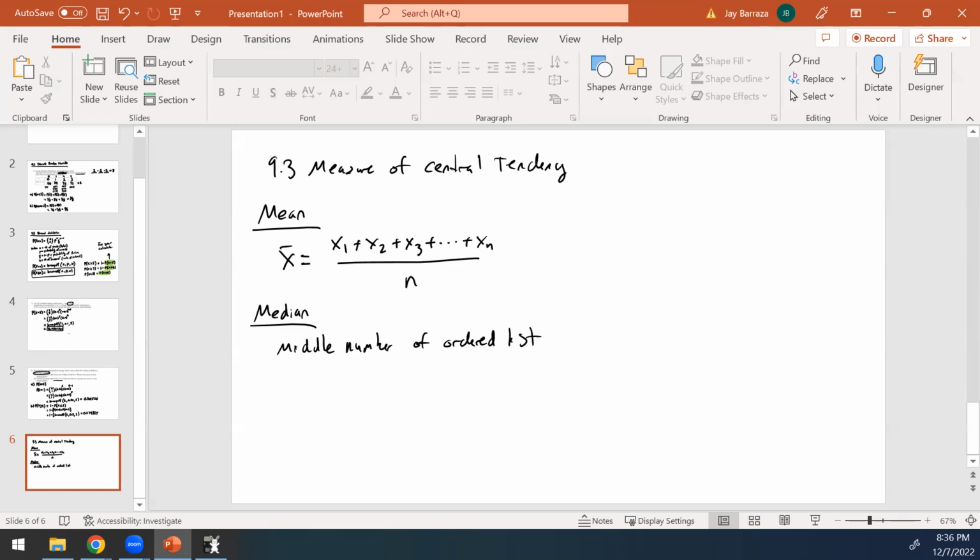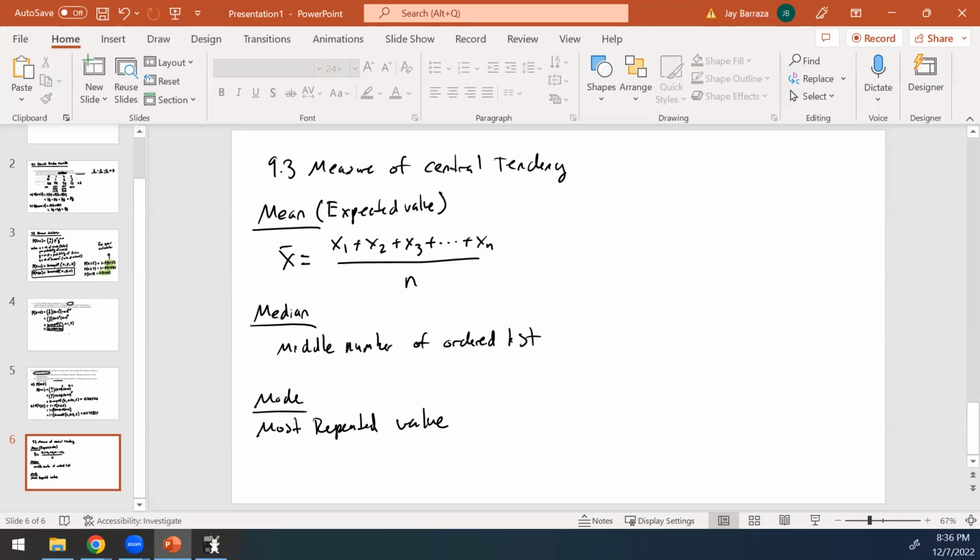So mean and median. And then the mode is the most repeated. The only one that really had a formula was the mean, and the mean is also called the expected value. So they end up being the same thing.